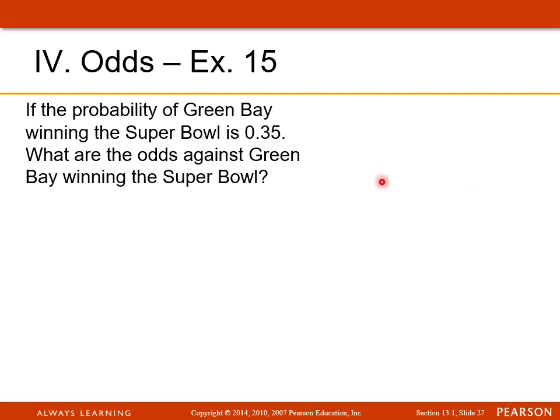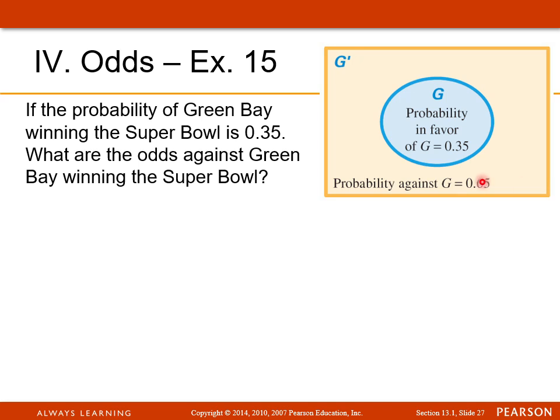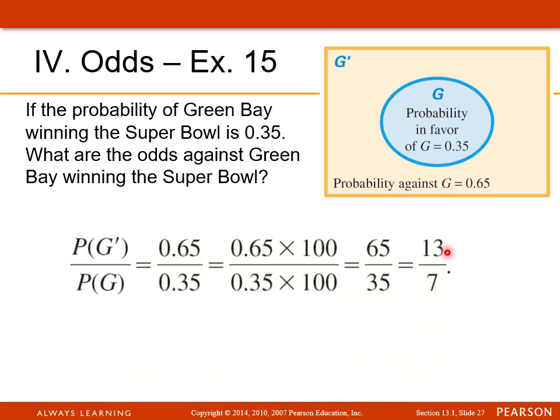Okay, so let's look at this one. If the probability of Green Bay winning the Super Bowl is 0.35, what are the odds against Green Bay winning the Super Bowl? So remember, we got to find against. So if this is for winning the Super Bowl, against we would subtract it from 1, okay, which gives us the 0.65. Okay, and then we'd say that to your probability for doing it is your 0.35.